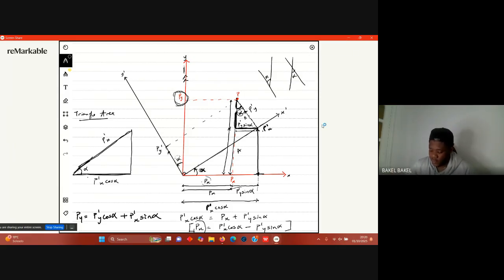This initial height here, this up one, is the same as, remember this small triangle that we got? Let me bring out that triangle again. It's a small triangle up here, where this angle is alpha, and the hypotenuse is Py prime. We earlier established that the opposite is Py prime sine alpha, meaning this height that we're interested in is Py prime cos alpha.